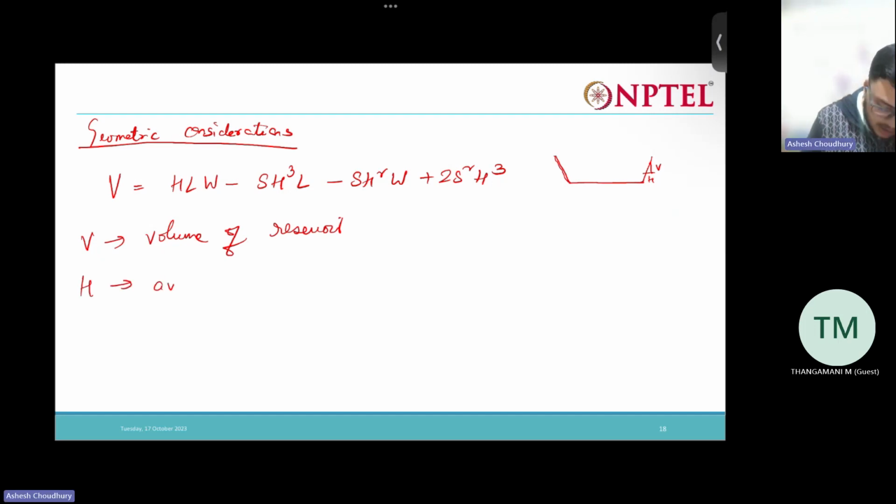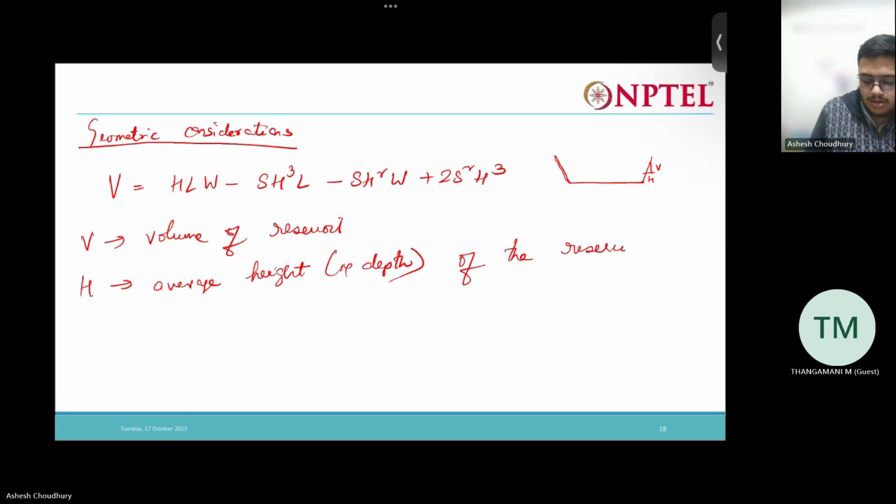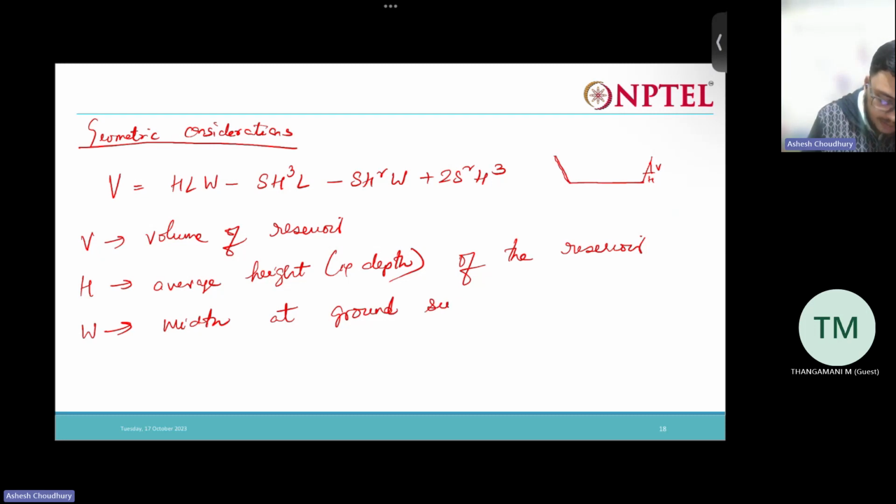H is the average height, that is the depth of the reservoir. W is the width at ground surface.